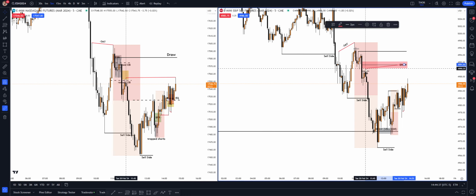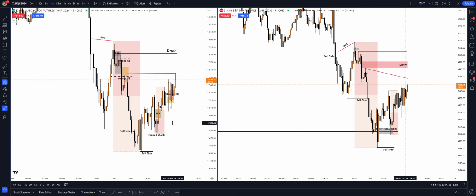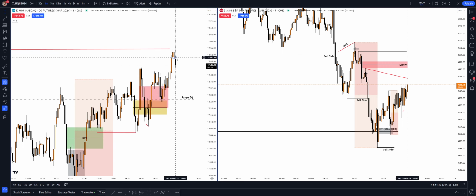The 5-minute. So if you're in a trade, I would put my stop loss at break even at that point.